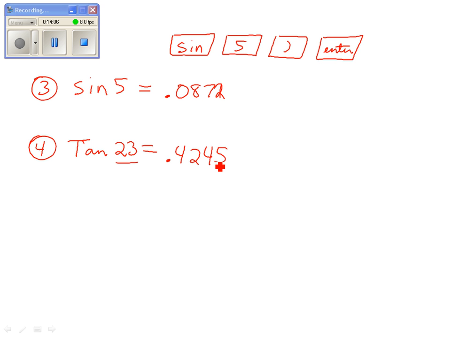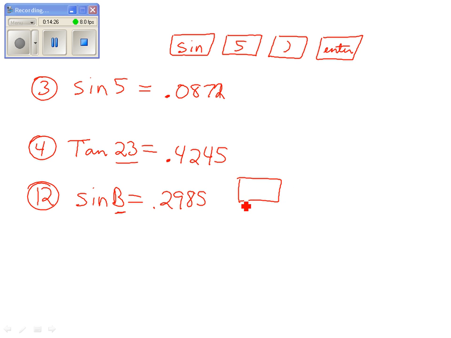Number 12. They tell us this time the sine of angle B equals 0.2985. This time we're actually looking for the angle, and we know the sine. So the buttons you're going to hit on your calculator, hit second. Then you hit the sine button, and on your calculator it's going to pull up something that looks like this, telling you it's doing the reverse of the sine, or the inverse of the sine.